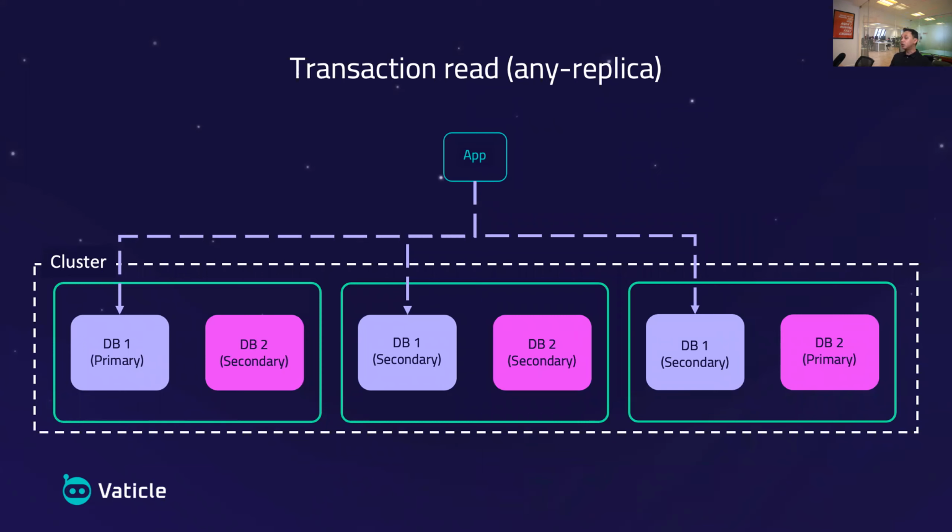Again, the client will know how to load balance between all replicas to achieve maximum throughput. The benefit is that you get as much throughput as the number of servers you have, but the drawback that you will have to pay is that the data you're seeing might not be the latest incarnation of the data.